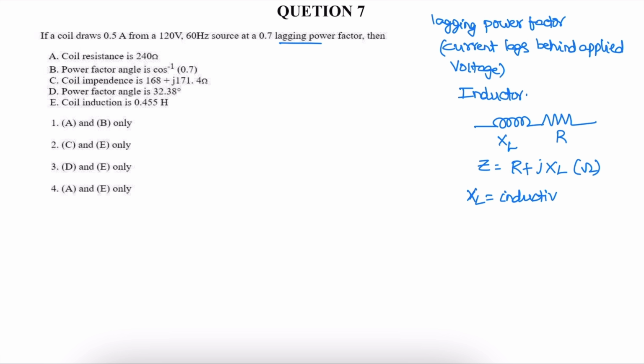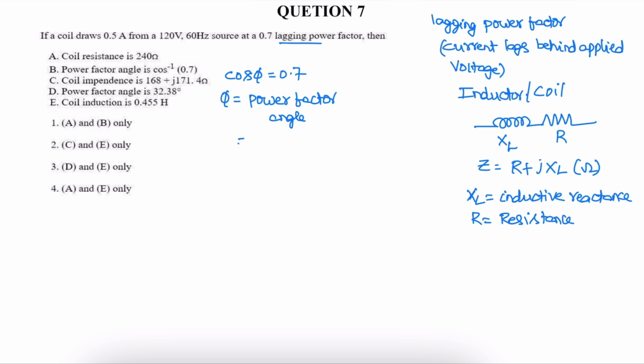In the question they have given cos phi equal to 0.7. Phi is the power factor angle, that is cos inverse of 0.7.